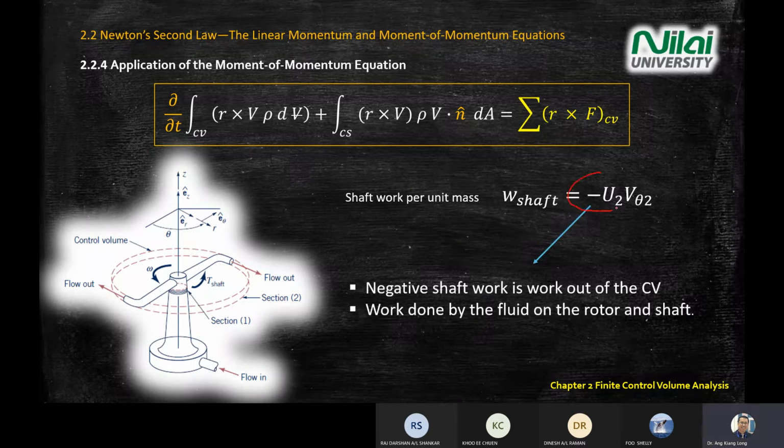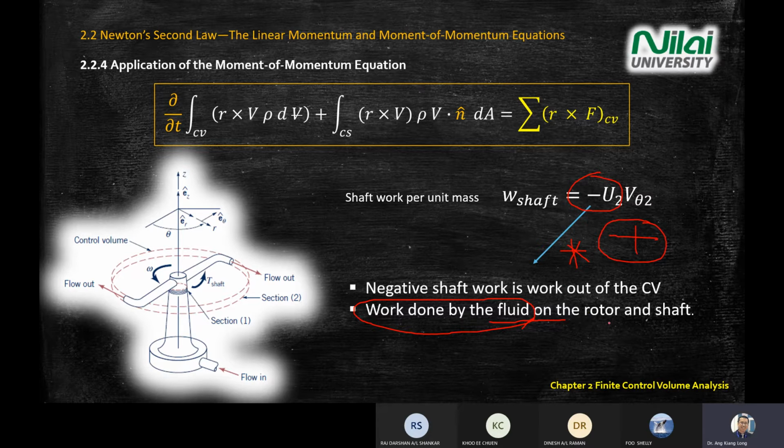What is the meaning if you get a negative? This is also important. You need to explain the negative answer. Negative means the work is done by the fluid on the rotor or shaft. The work is done by the fluid. This is the keyword that we are looking for. If it's positive, then it means the other way around.